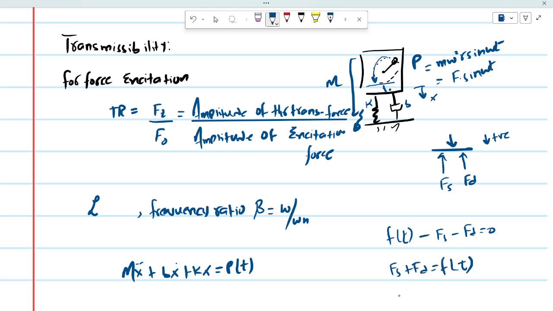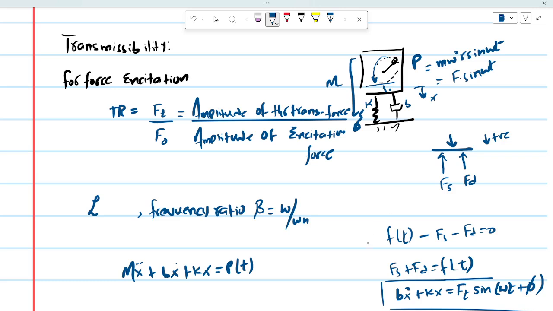Then we have k x plus b x dot equals ft, which is also sinusoidal in nature, because the input force is also sinusoidal. So it will be ft sine omega t. Now we will have some phase angle as well. There's some lagging between them because there's a damper here.